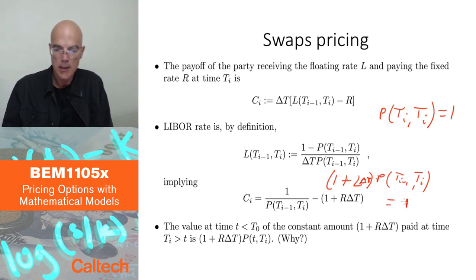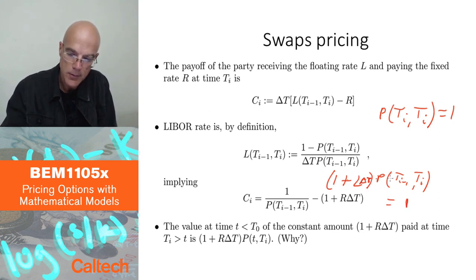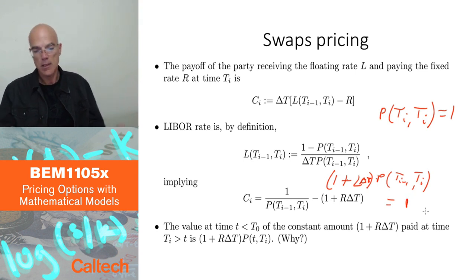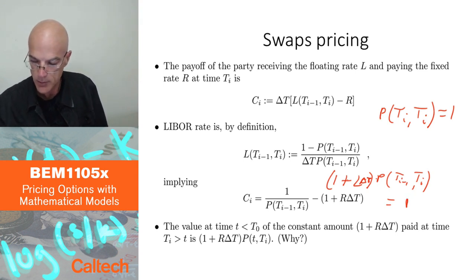So this just means that if you start with this much money and then you increase by the simple rate of L during the period delta t, you will have $1 at the end. So that's why the definition is like that. It's just in terms of a simple rate during one interval. And I'm going to delete all of this.